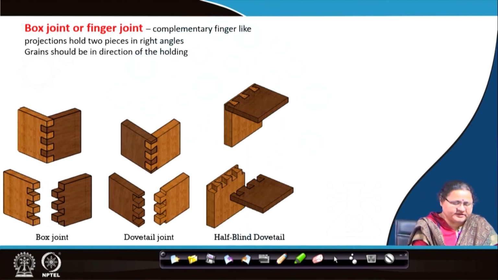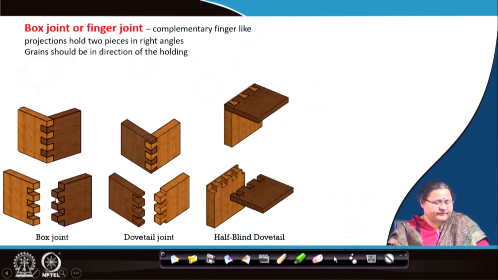You see so many projections are there, and these projections have just complementary receiving members, receiving grooves. When they are set together, it forms a joint. So, this is the simplest box joint, and then again you can have dovetail on it. So, corresponding cuts to be made.